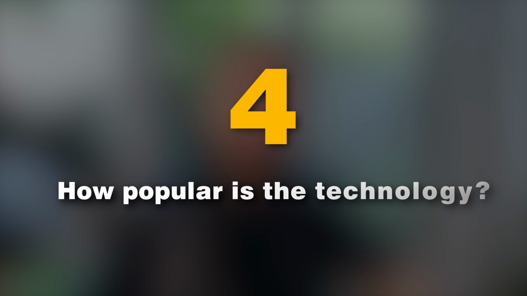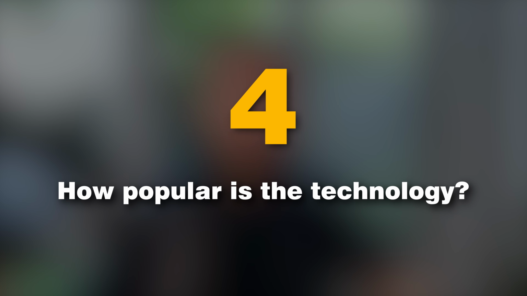And then the fourth point, which might seem not part of the main equation, however, is also incredibly important. The fourth point is how popular the technology is, because the popularity of a technology will give you very big leverage.